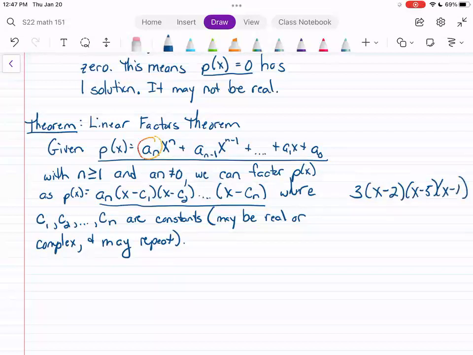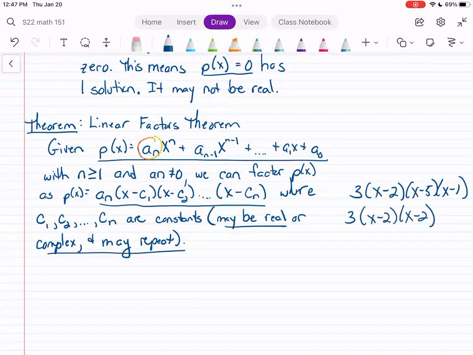What you also have to recognize is these constants, again, may or may not be real. They could be imaginary numbers, and they can repeat. So you could have something like 3 times x minus 2 times x minus 2, and it's a factor that occurs twice. Let's look at why this is true.